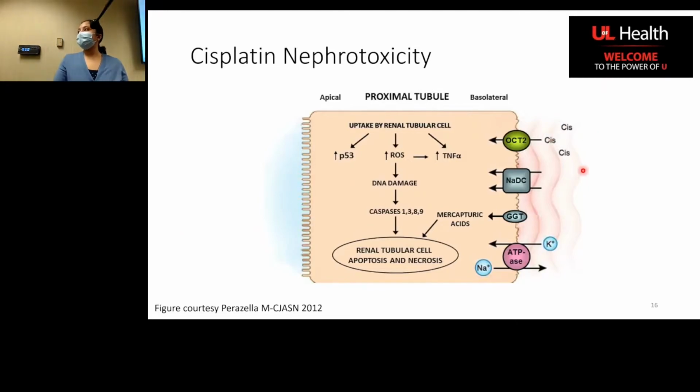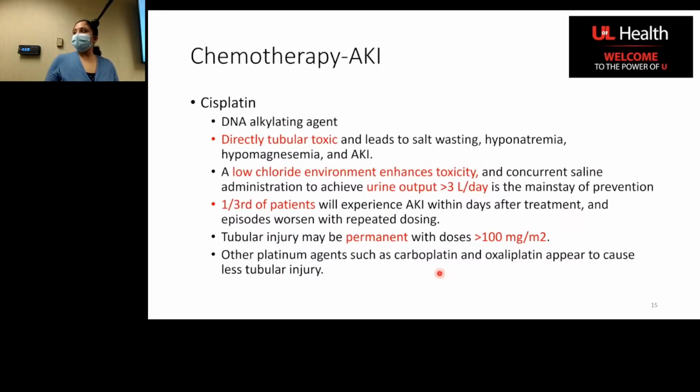So cisplatin enters from the circulation into the proximal tubular epithelial cell via the organic cation transporter 2 channel, causes increased inflammation, increased TNF-alpha, P53 pathways, and eventually leads to renal tubular cell apoptosis and necrosis. So it's directly tubular toxic, can lead to salt wasting, hypomagnesemia.